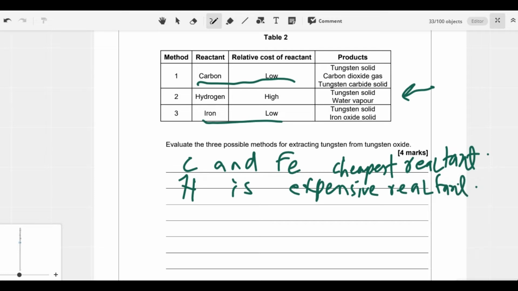Okay, and the second reason, the method you have to write here: in the first method, tungsten needs to be separated from the tungsten carbide.